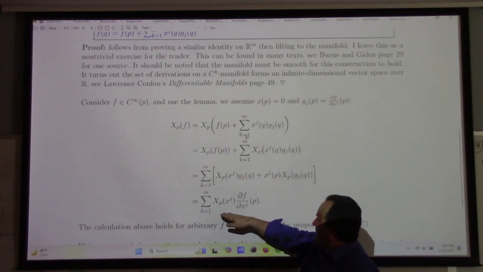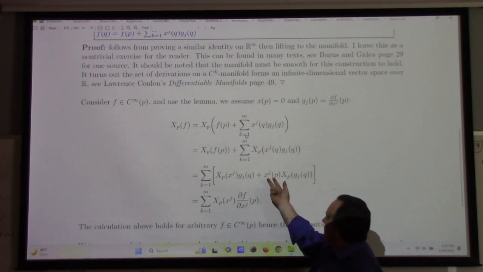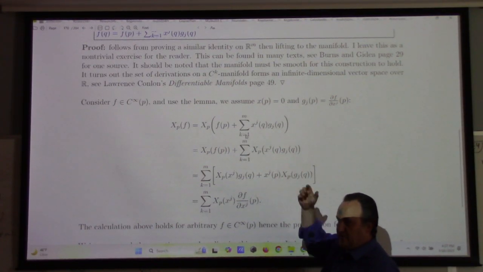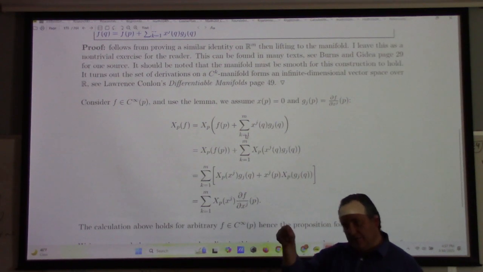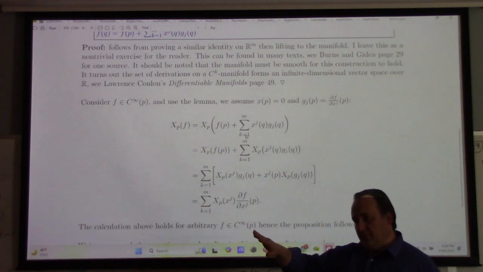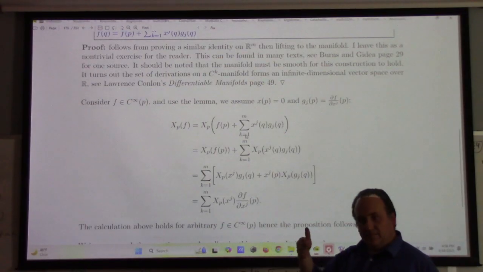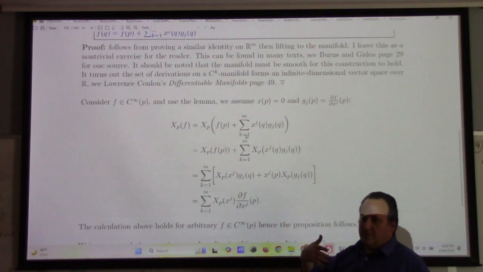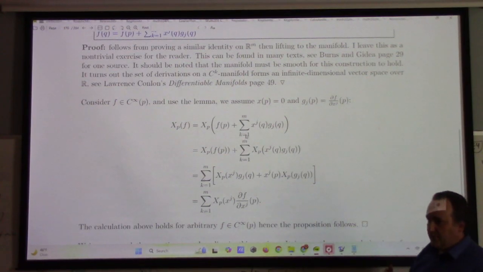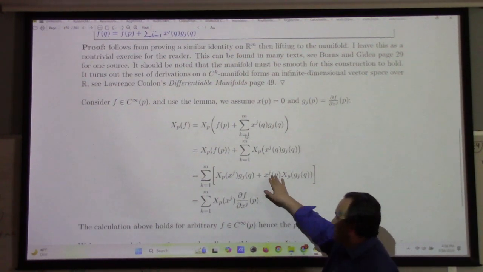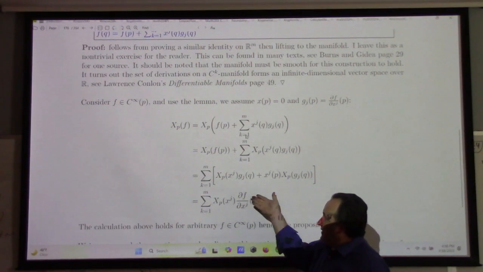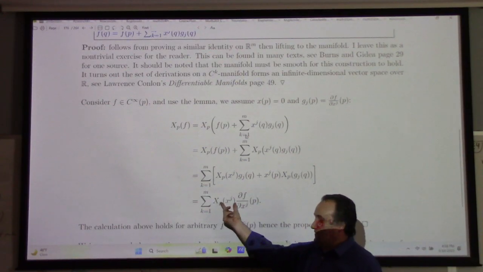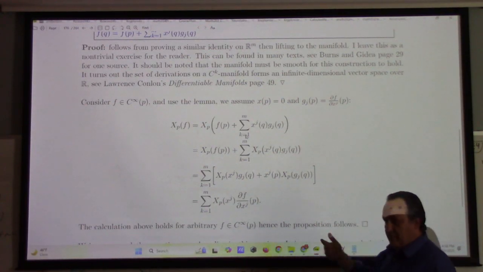But that simplifies down to this because we also assume that x^j(p) is 0, which you can always do without loss of generality, because you can always shift your coordinate system to make the point you're interested in become the 0 point for your coordinate chart, simply by subtracting a constant off the formula you started with. So we can always look at a coordinate chart assuming x(p) is 0 when doing these kinds of derivations, which makes this 0, and just leaves us with this. And lo and behold, f being arbitrary, we've shown that the derivation X_p is equal to X_p(x^j) times partial x^j.